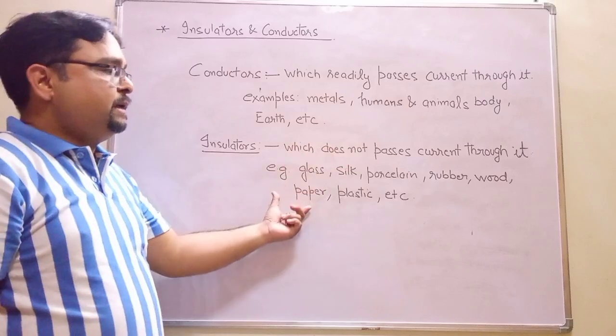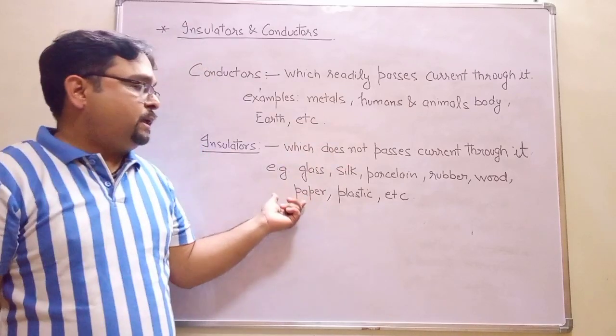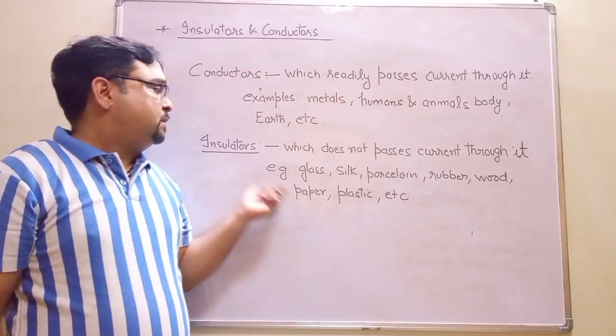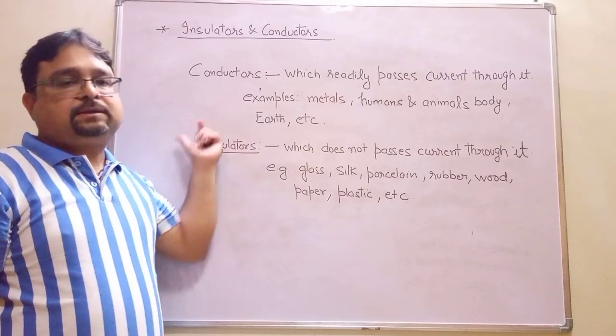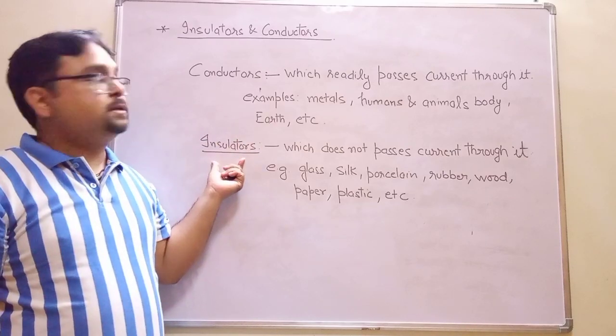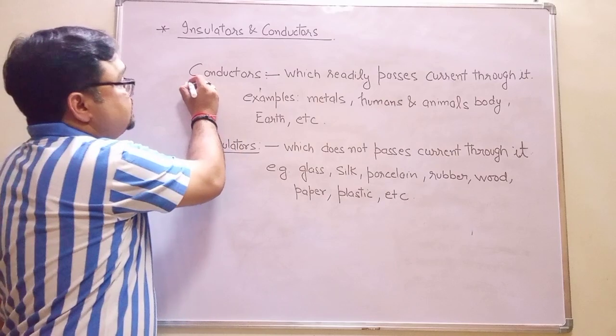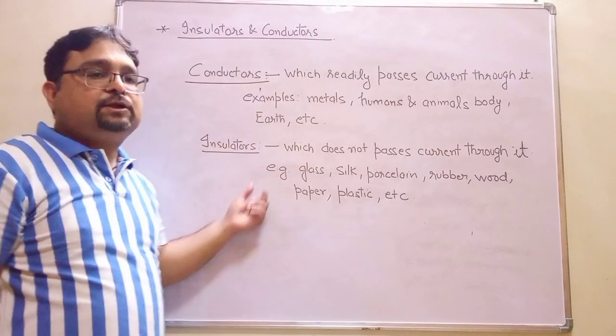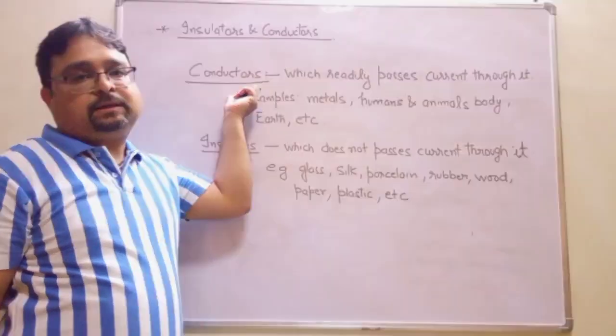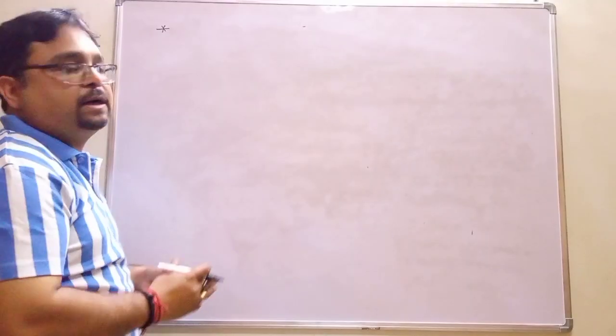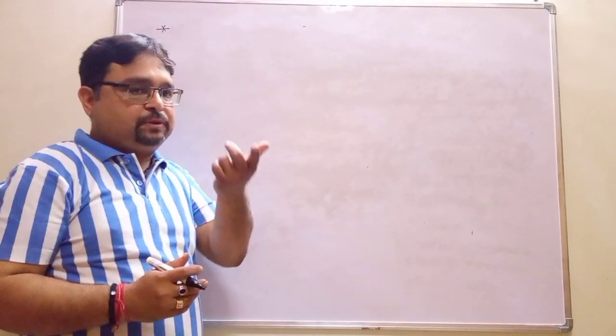So these are some materials which do not allow electricity to pass through them. So such kind of materials come under insulators, and the materials which allow electricity to pass through them are called conductors.